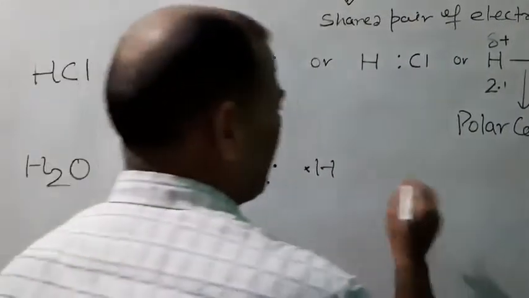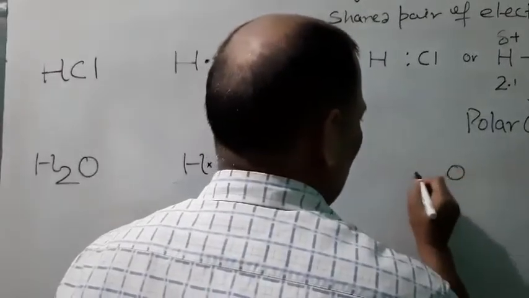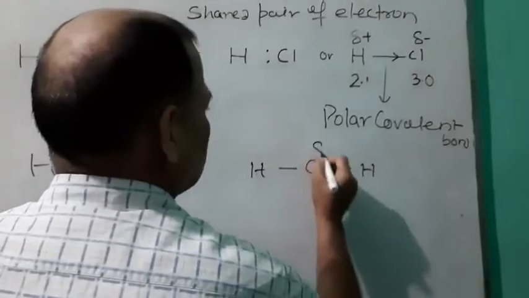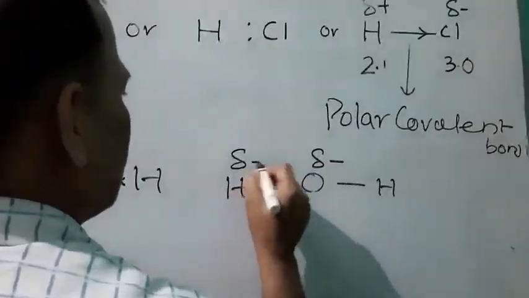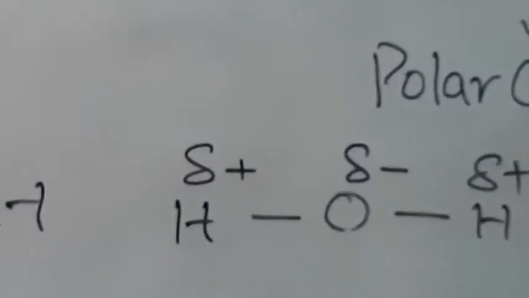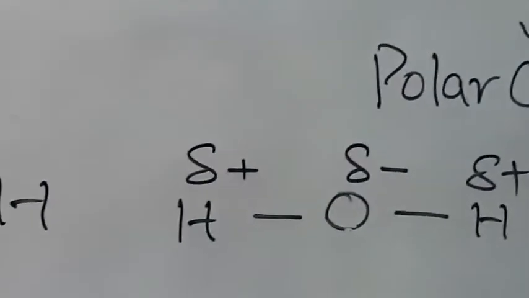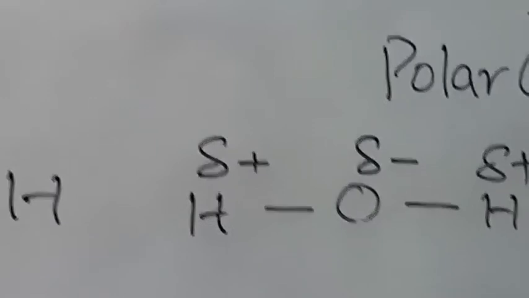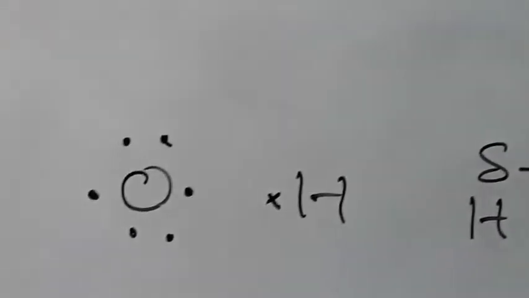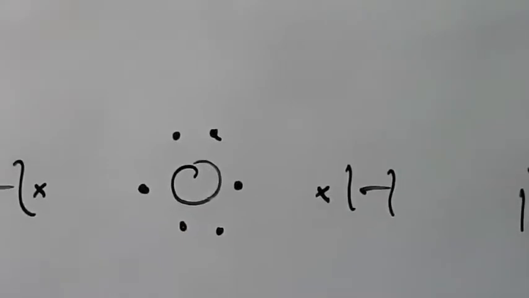So here what happens, the oxygen also acquires partial negative charge and hydrogen acquires partial positive charge due to shifting of shared pair electron towards the oxygen.